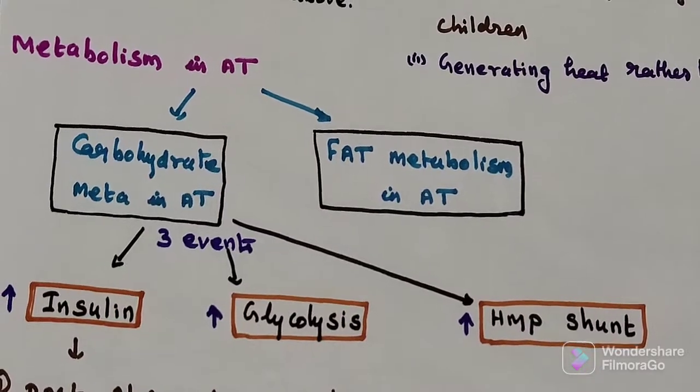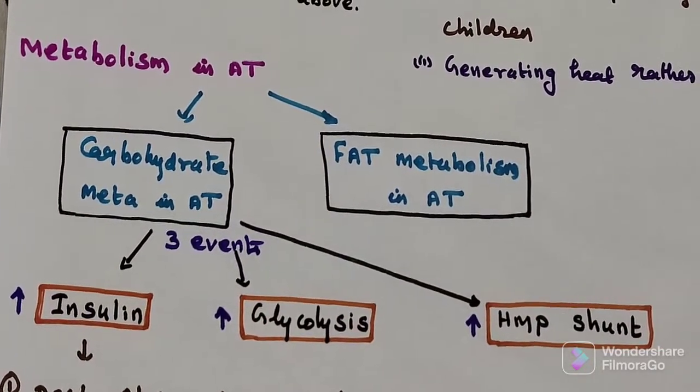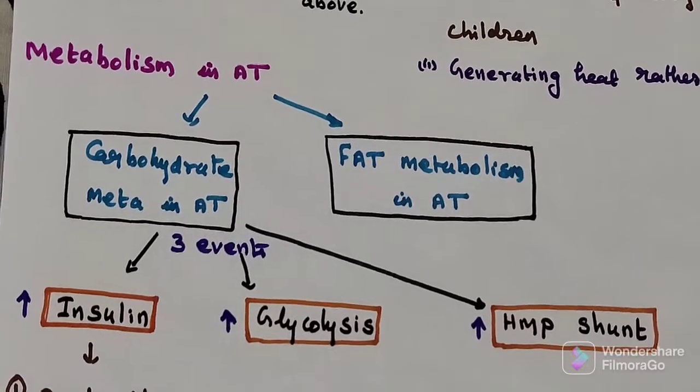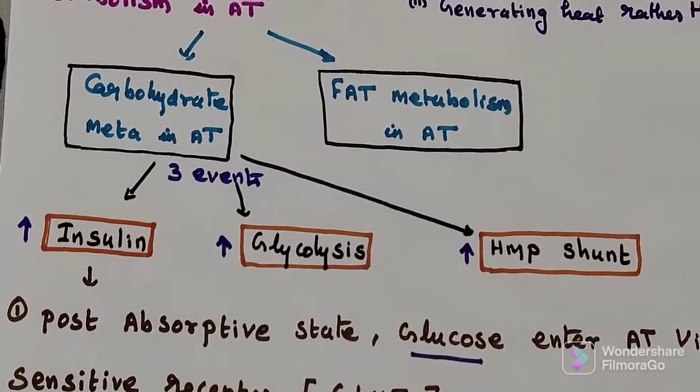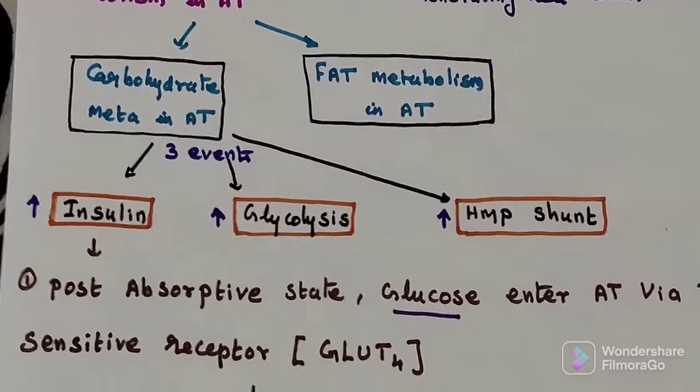What happens in carbohydrate metabolism? Firstly, three events occur in the absorptive state regarding glucose in adipose tissue.